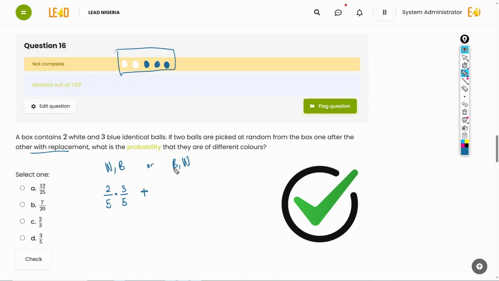Plus, probability of drawing a blue is 3 out of 5, probability of drawing a white is 2 out of 5. So this will become 6 out of 25 plus 6 out of 25, which gives us 12 out of 25.